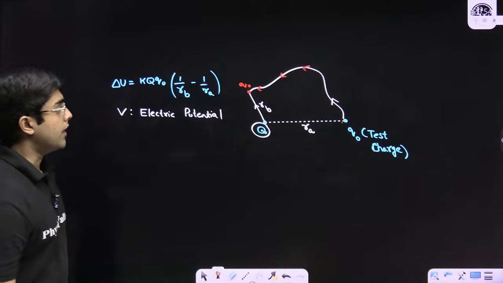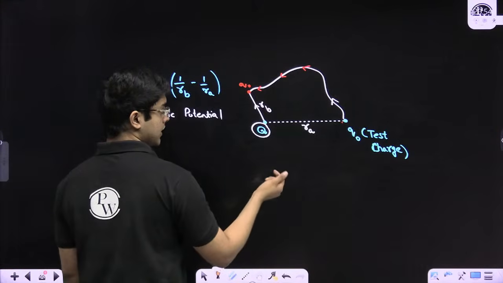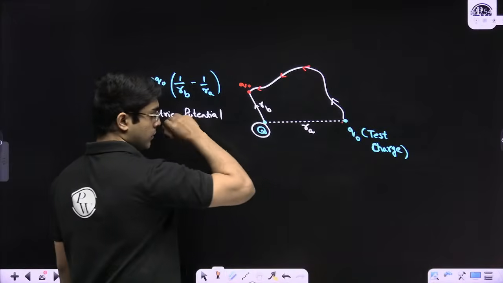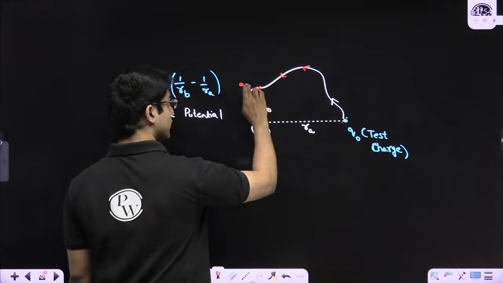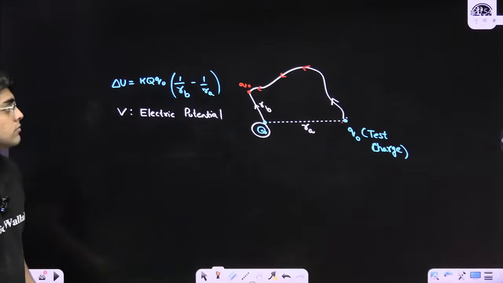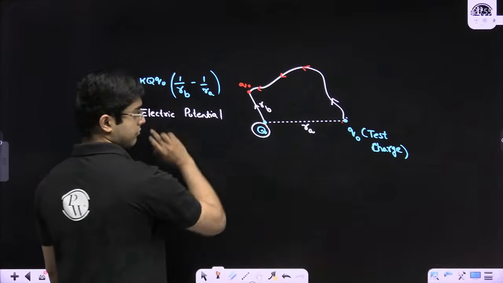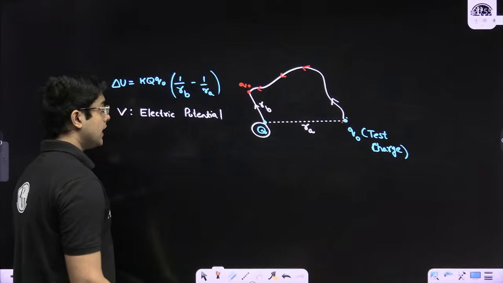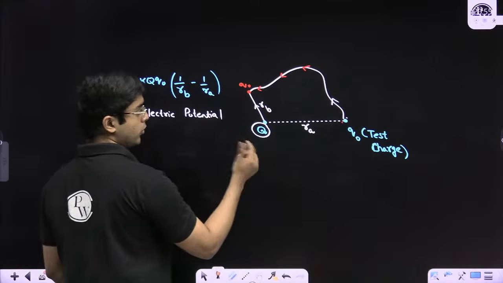And what was the definition of potential energy? If we are taking Q naught from RA location to RB location, it is the negative work done by the electric field. Electric potential is basically similar, but for a unit charge.